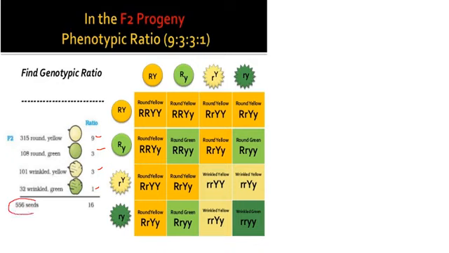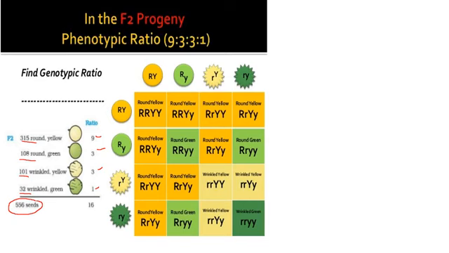He took 556 seeds and he found these many plants, and the approximate ratio he got is 9:3:3:1. So we couldn't find the genotype. The genotype is very complicated, so the only thing you have to learn is the phenotype of the F2 generation of dihybrid cross.